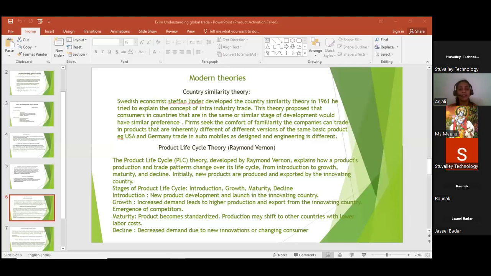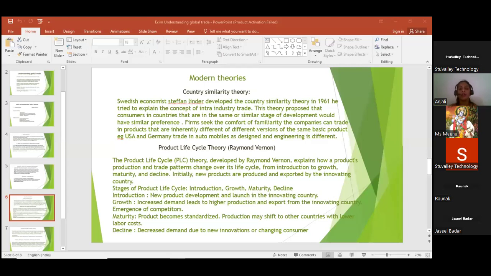Over time, when the product becomes more standardized and competition increases, production might shift from one country to another for lower cost of production. So let me explain how the product is introduced: after introduction it comes into the growth stage, after growth it comes into maturity, and after maturity it comes to the decline stage.